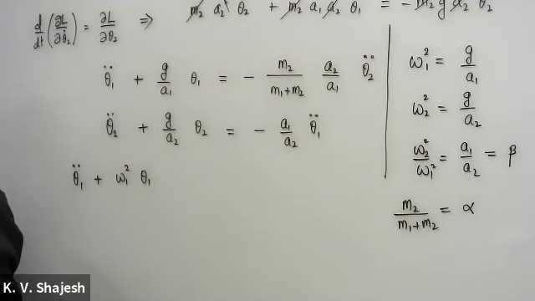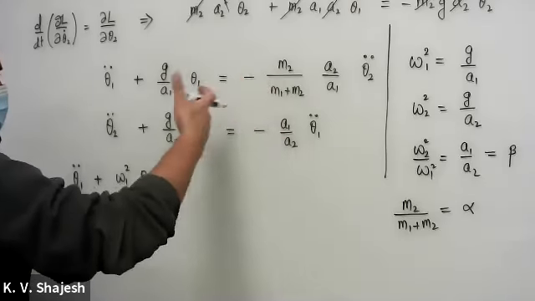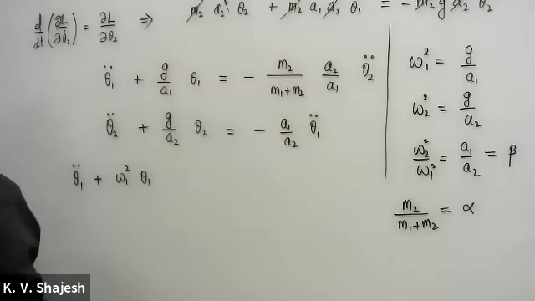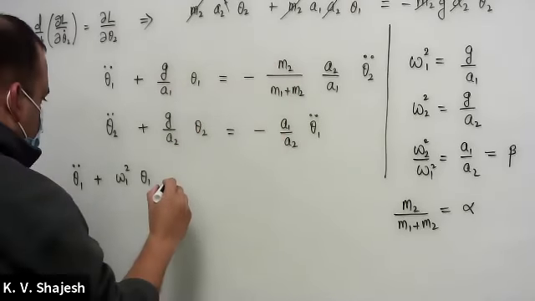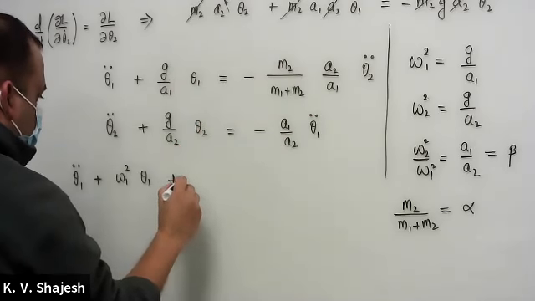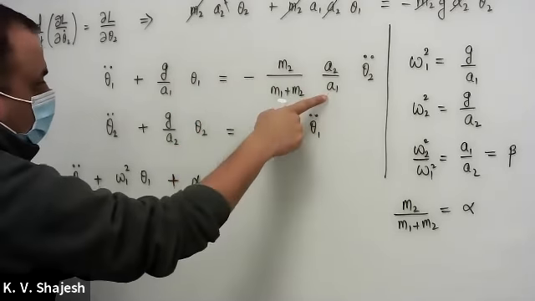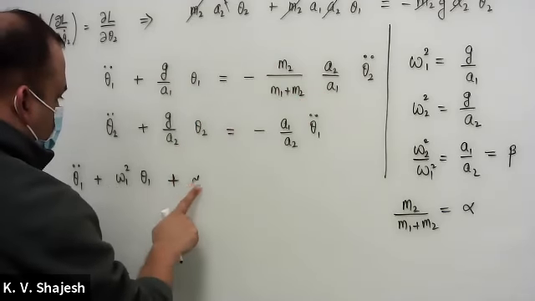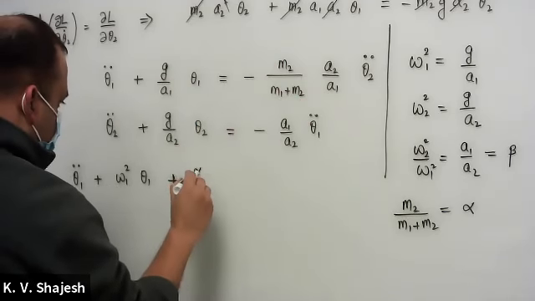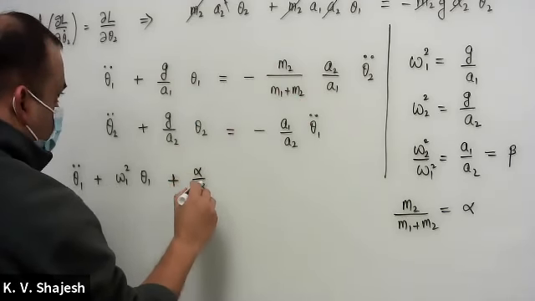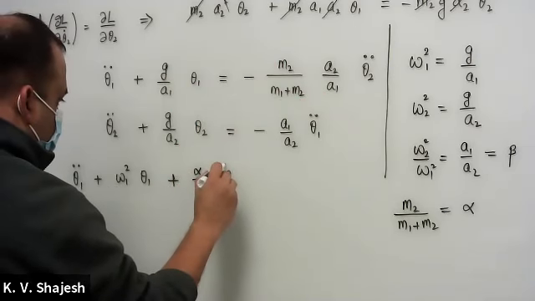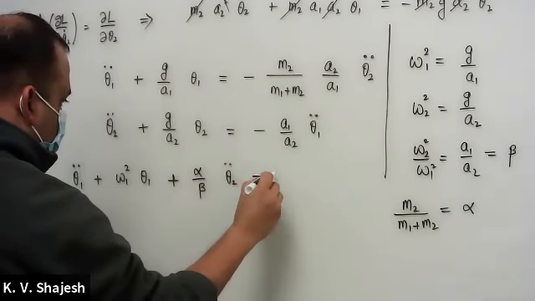Bring this to the left if you want, but right is also convenient so that you see it as a source. Plus alpha, and A2 over A1 is actually beta in the numerator, right? Alpha over beta and theta 2 double dot is equal to 0.